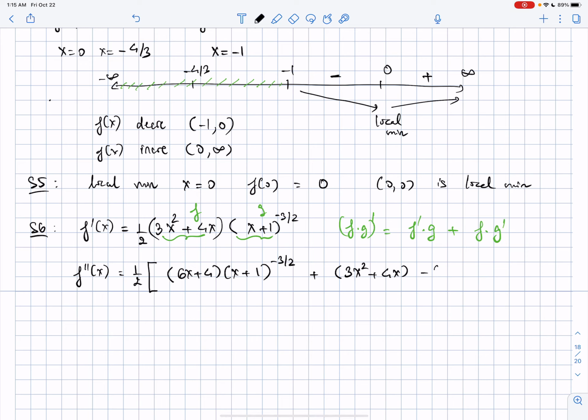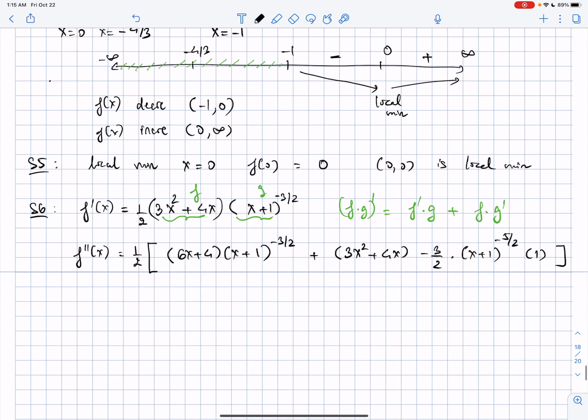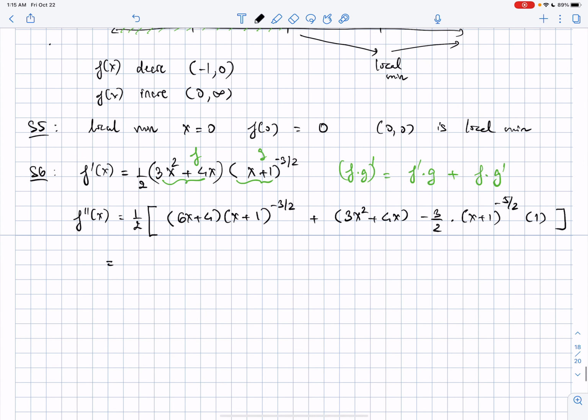We pull the exponent down: (x plus 1) to the negative 3 over 2 minus 1 is negative 5 over 2. And the u is x plus 1. When we take the derivative, it will be 1. Okay, now we're gonna write the exponent as positive.